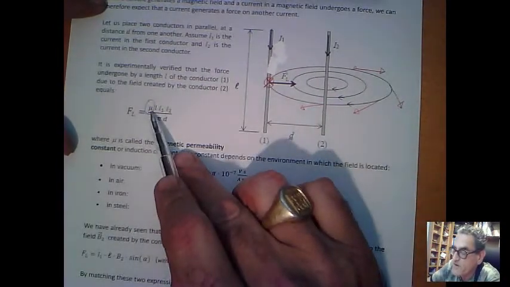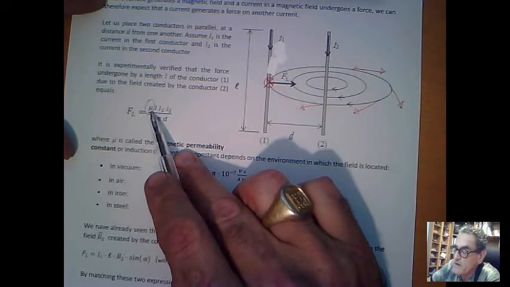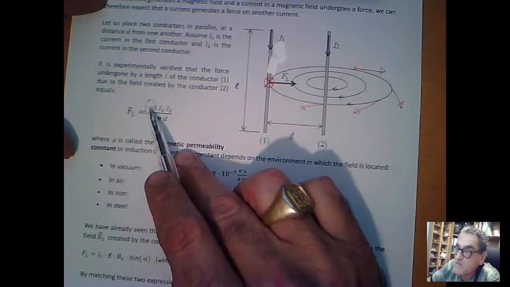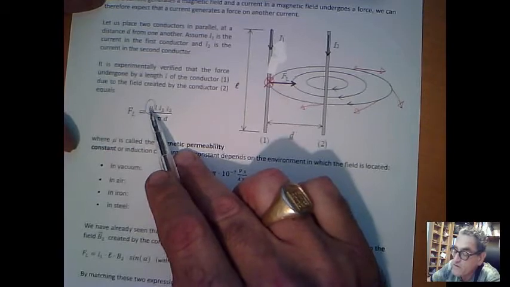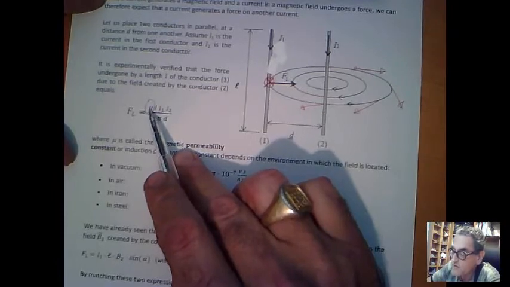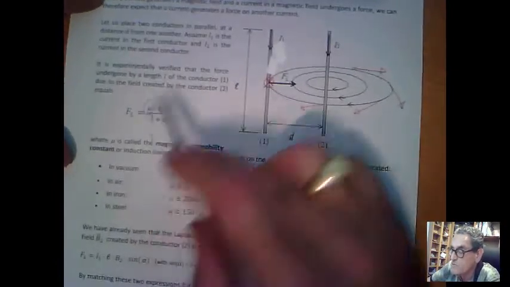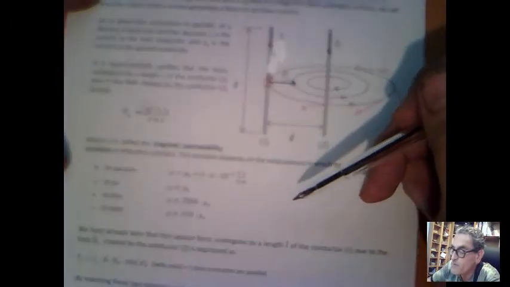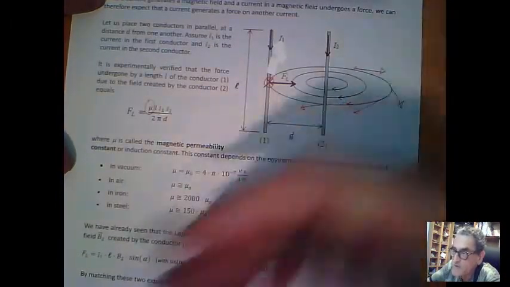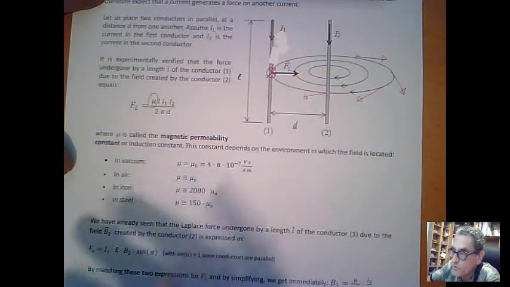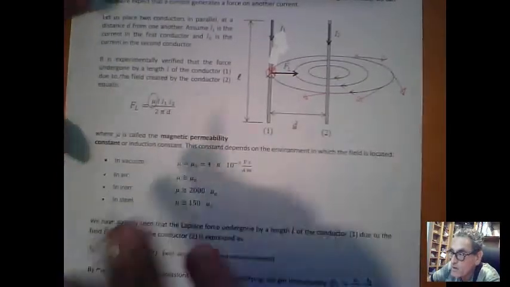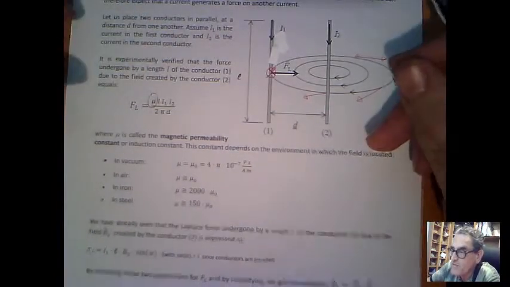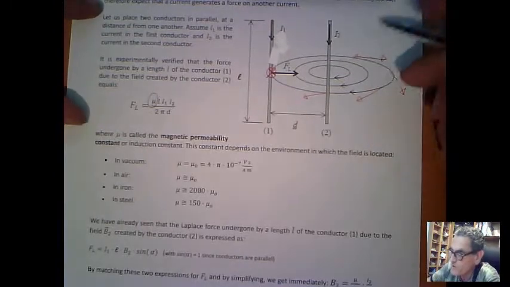So there is a factor here, which is, in some way, the equivalent of the G for the gravitational force and of the K for the electrostatic force. But you see here it's a mu, and this mu is called the magnetic permeability constant. So it expresses the way in which the medium in which you are lets a magnetic field develop, if you want.